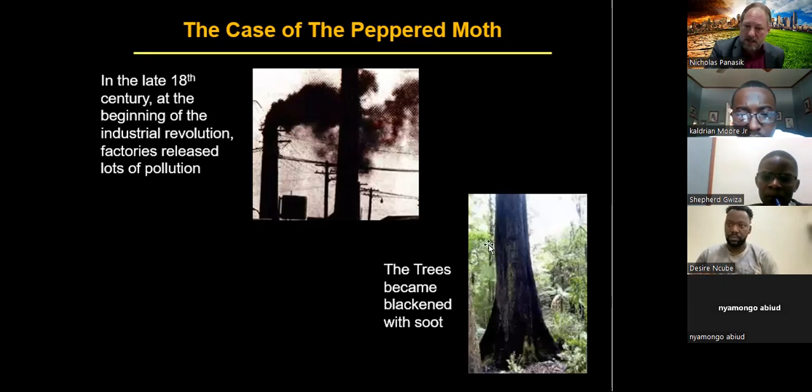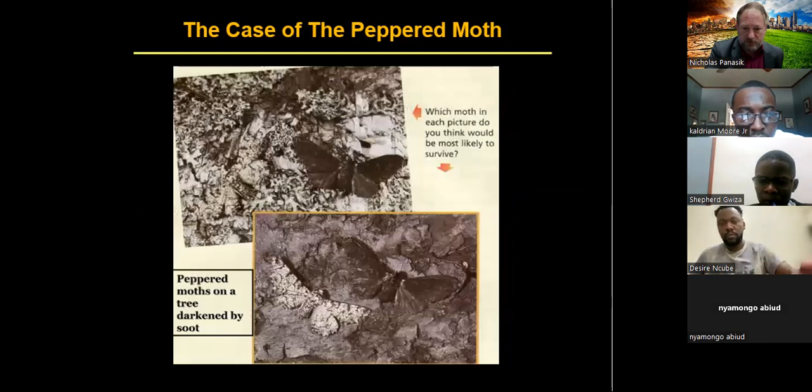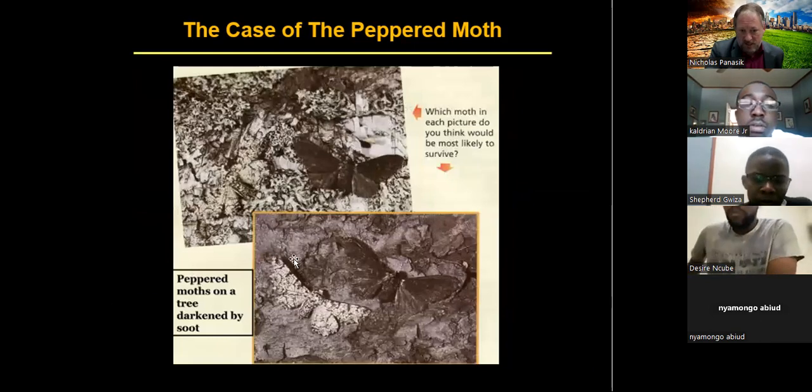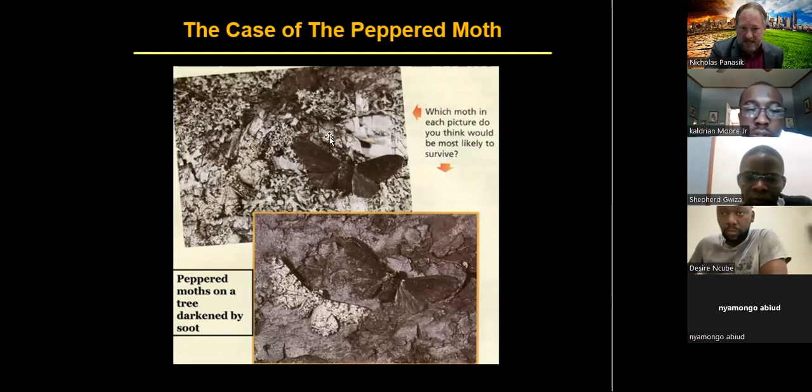And so many of the trees in England became really blackened with this soot. Well, as you might imagine, things changed for the moths. This used to be the case before the soot on the trees, but then the trees became blackened and darkened.